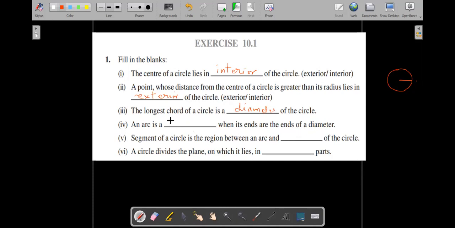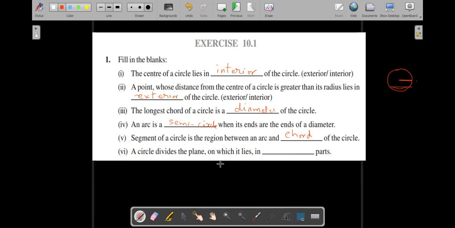A segment of a circle is the region between an arc and a chord.